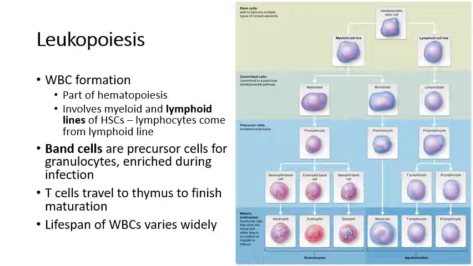You don't need to know the details of this chart at all, but just that you're starting with the hematopoietic stem cell at the top, and ending with the different types of white blood cells at the bottom. Here you have your granulocytes, made from one line of differentiation, and then your lymphocytes are made from a different line of differentiation.